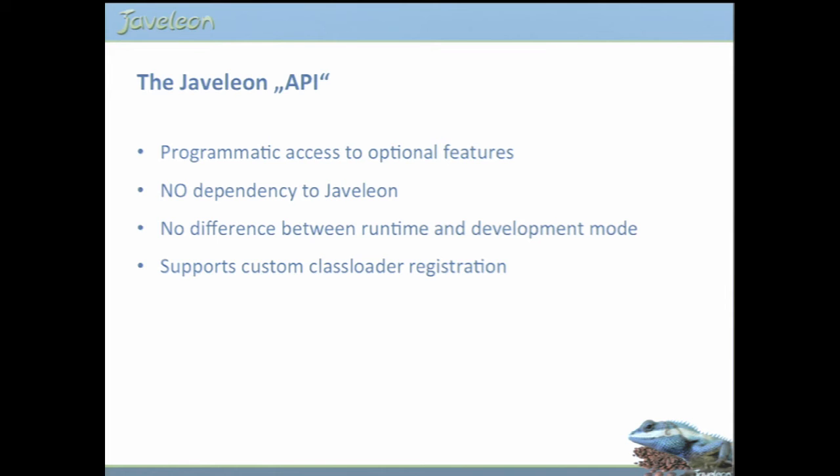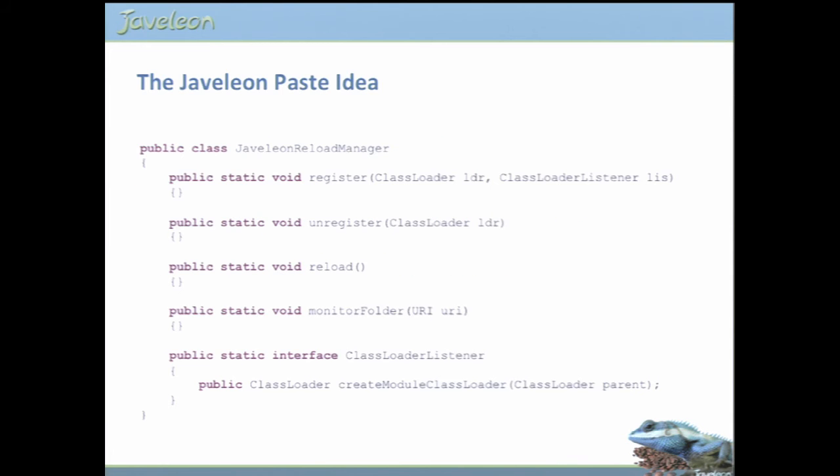And it supports custom class loader registration. So the simple idea is that you simply paste this piece of code into some package somewhere, and the only requirement is that it needs to be called JaveleonReloadManager. Then you implement this interface at the bottom, ClassLoaderListener, which should just provide one new fresh class loader instance when you need to reload the classes within those class loaders.